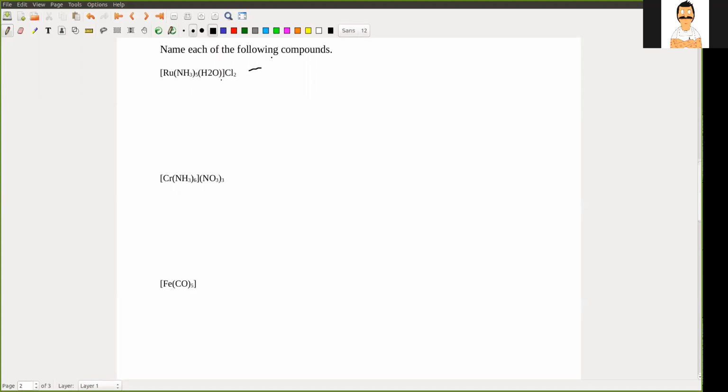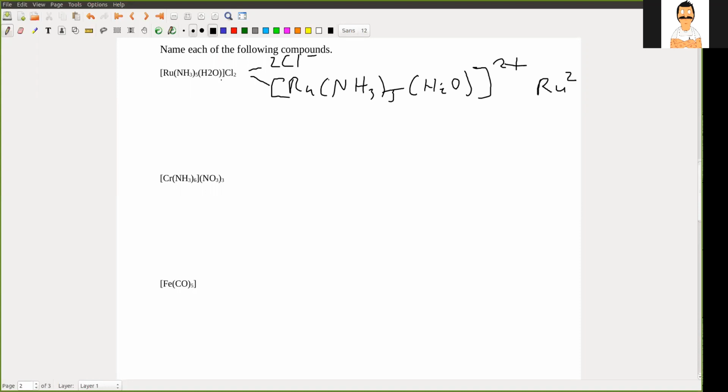So we have 2 Cl minuses, and so this whole big thing has a 2+ charge. Now water is a 0, has no charge to it, and neither does ammonia. So that means that our ruthenium is a 2+. So we'll just make a note of that over here.